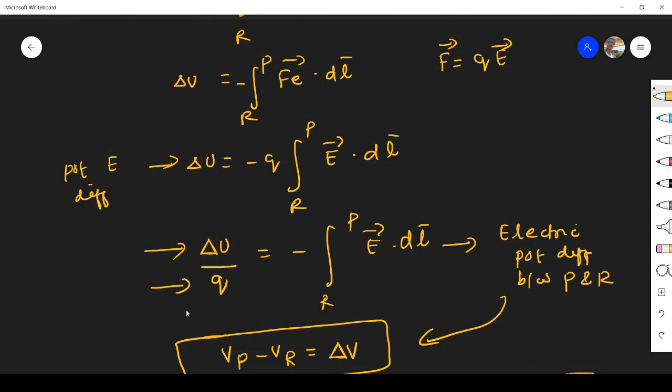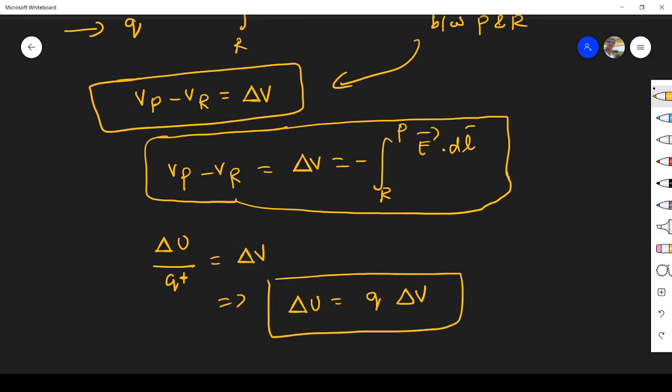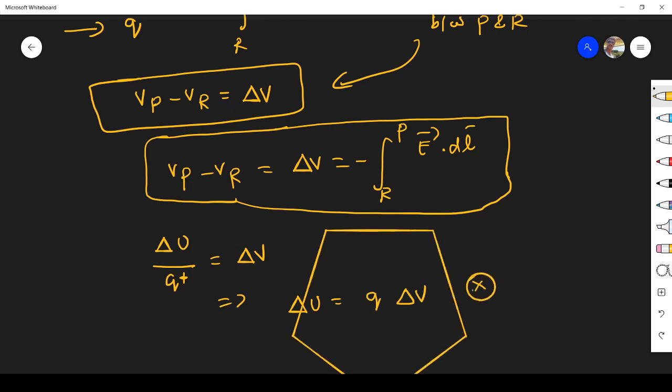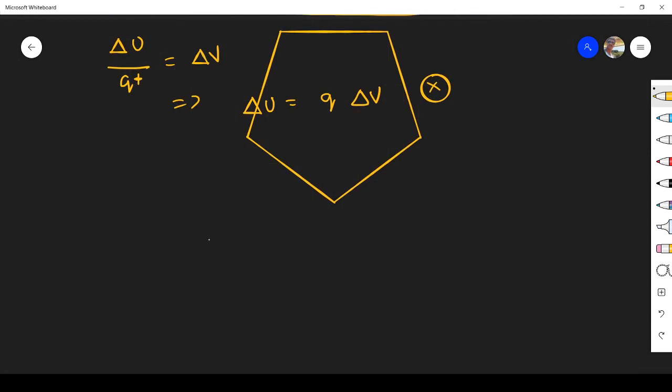Delta U by Q is equal to delta V, which implies the potential energy difference delta U is equal to Q into delta V. This we are going to use widely. The potential energy difference is normally what we use in real-time scenarios.